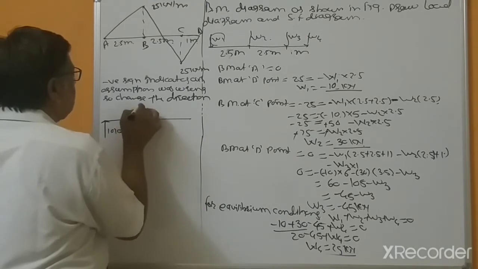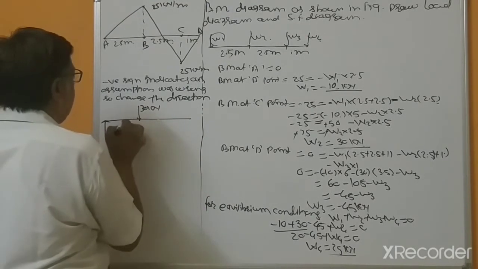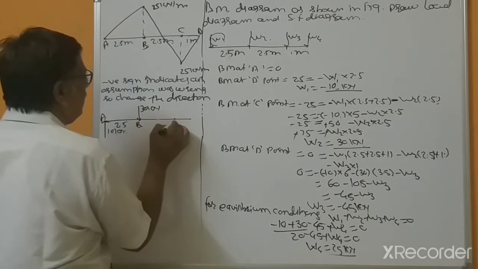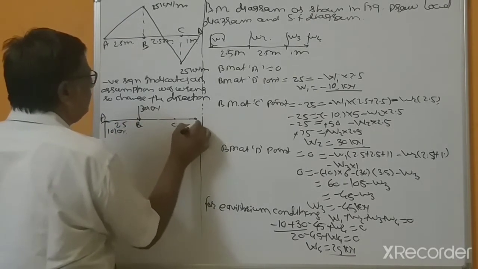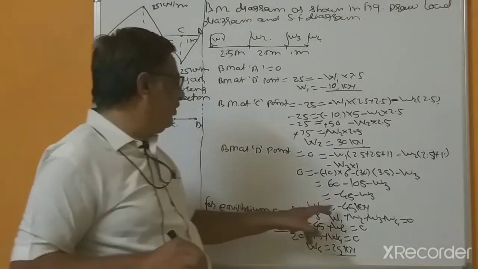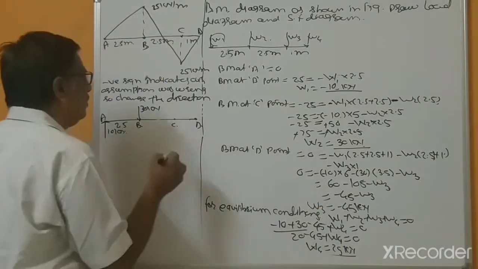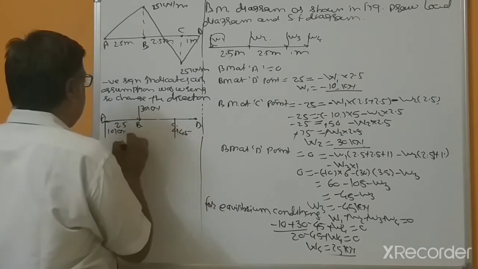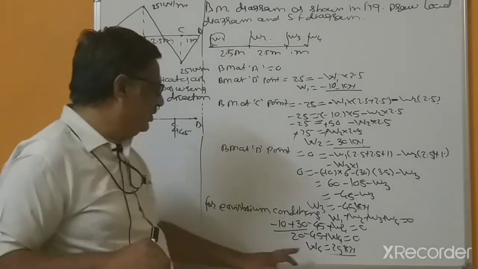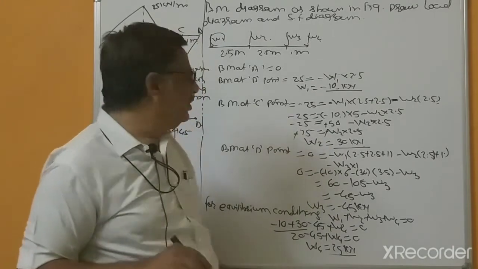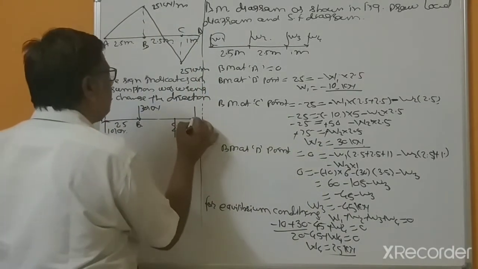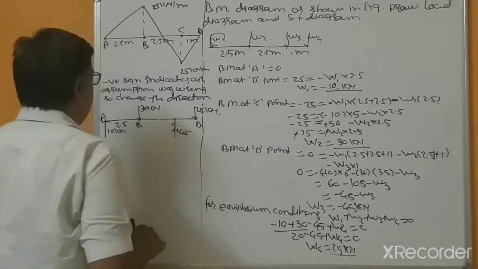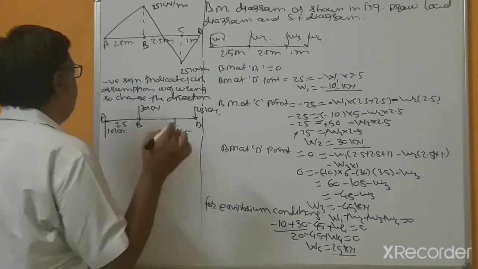The distance is 2.5, with A, B, C and D points. At C point 45, so we have to change this direction, 45 kilonewton upwards, and W4 is 25 kilonewton. Right, 10 plus 45, this is 55.